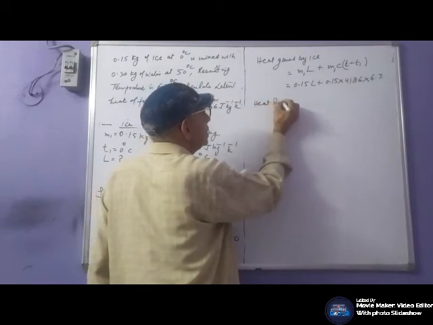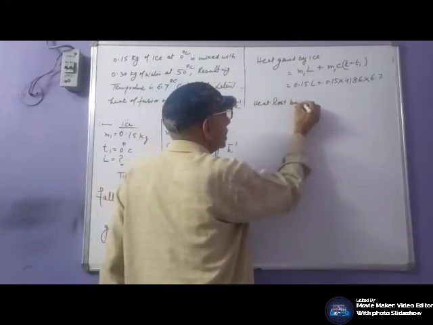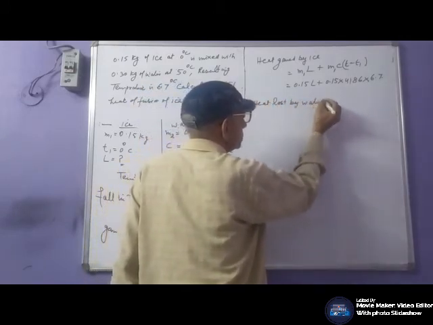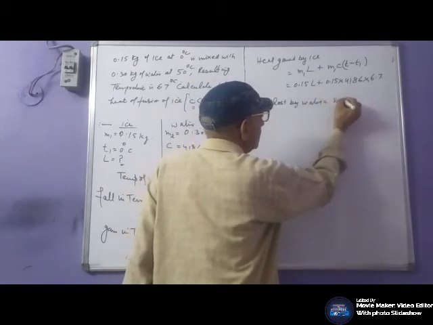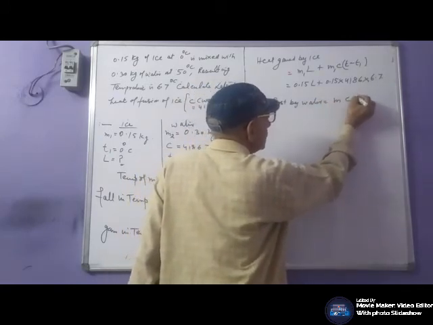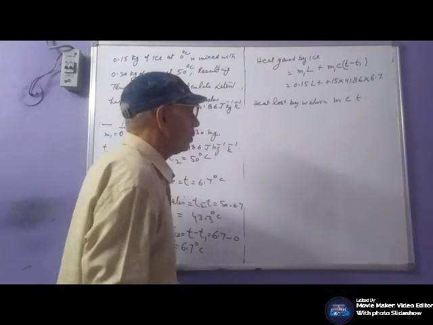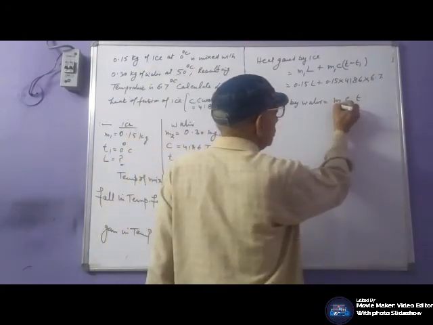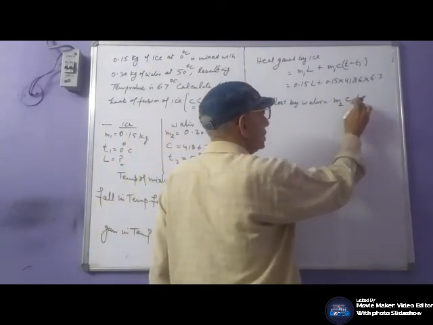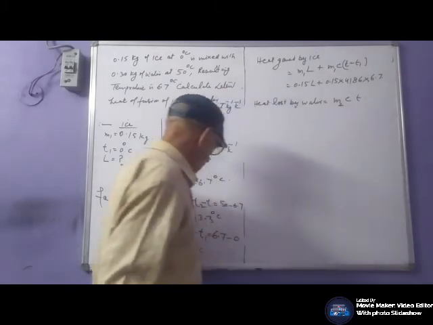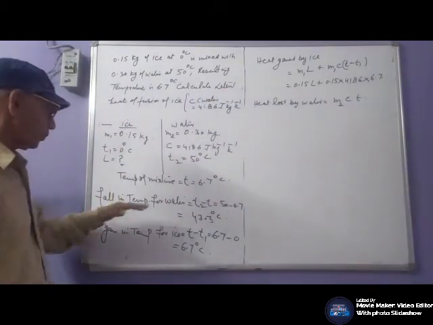Heat lost by water is MCT: M2, C of water, and T is the fall in temperature.